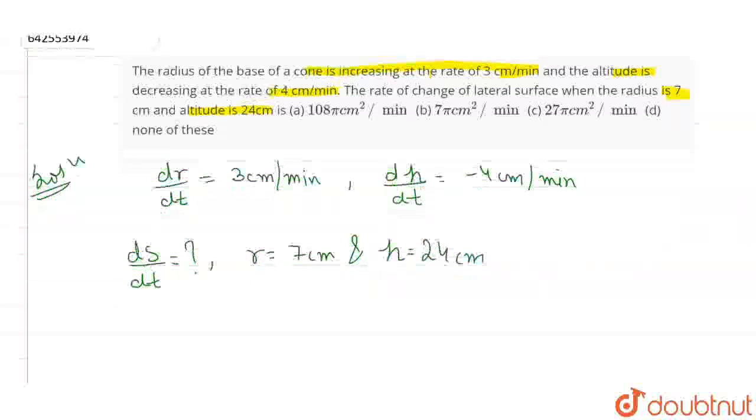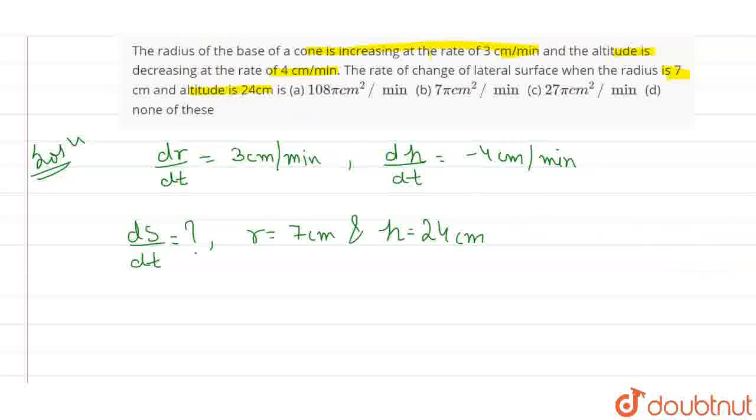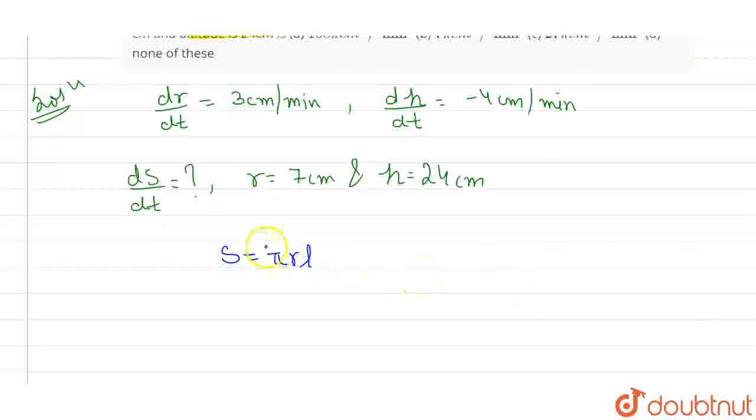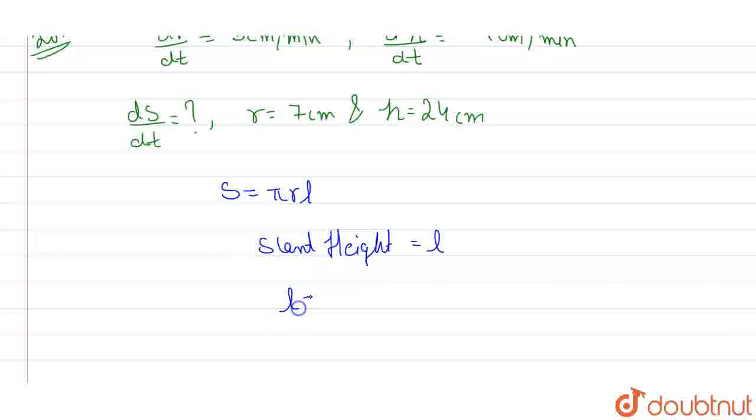Right. So what we will do now? What is the lateral surface area for a cone? We know that S equals pi r L. But before finding ds by dt, we have to find the value of L. Basically L is our slant height. We know the formula to find the value of L is under root of h square plus r square, or we can say L square equals h square plus r square.